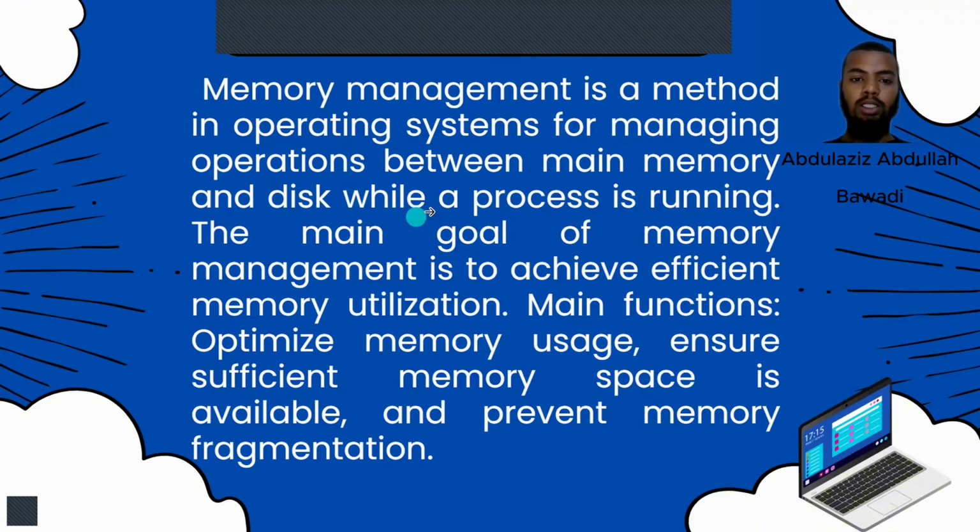So there is a condition. The condition says while a process is running. So memory management is a method or a way in operating systems for managing operations between main memory and disk while a process is running. So what's the main goal of memory management?